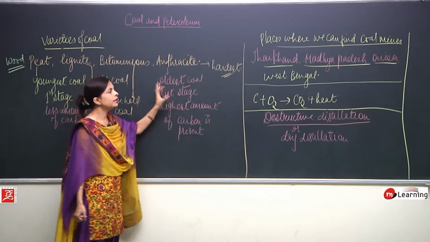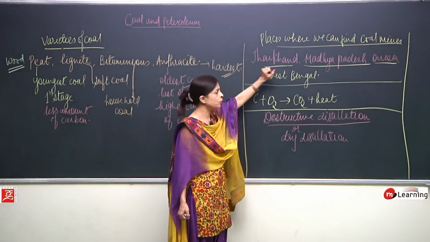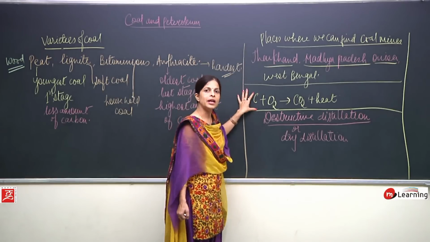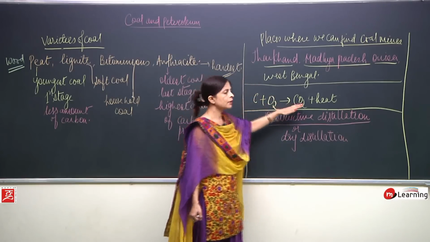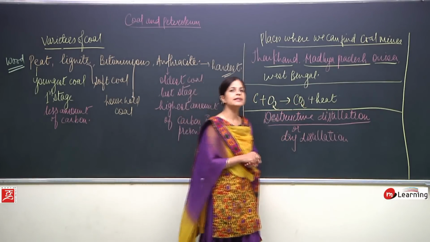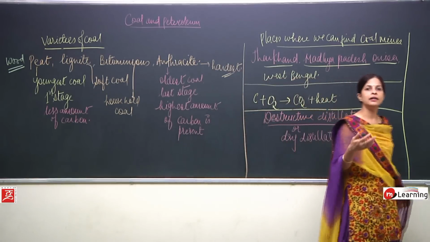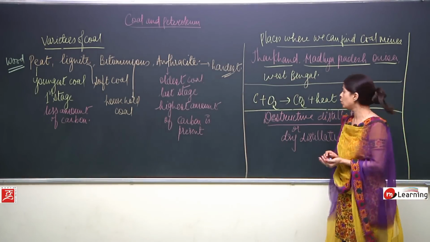Okay, this we have read. Then we discussed the places where we can find coal mines. Now we are studying that when we burn coal, carbon dioxide and heat are produced. Now what I am telling you is, when we are burning coal, can only two things be obtained?